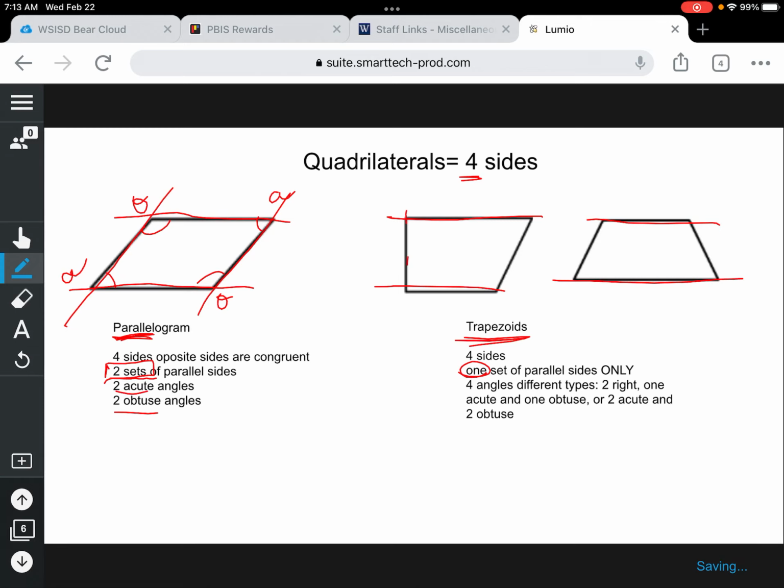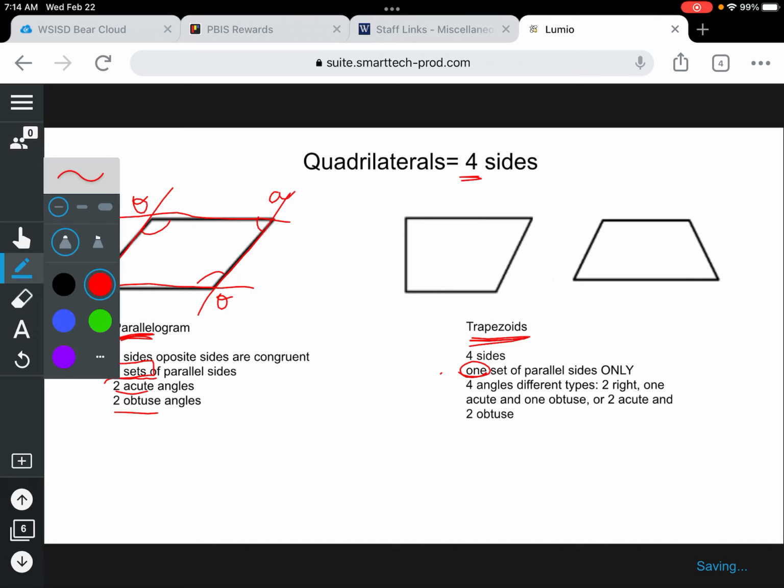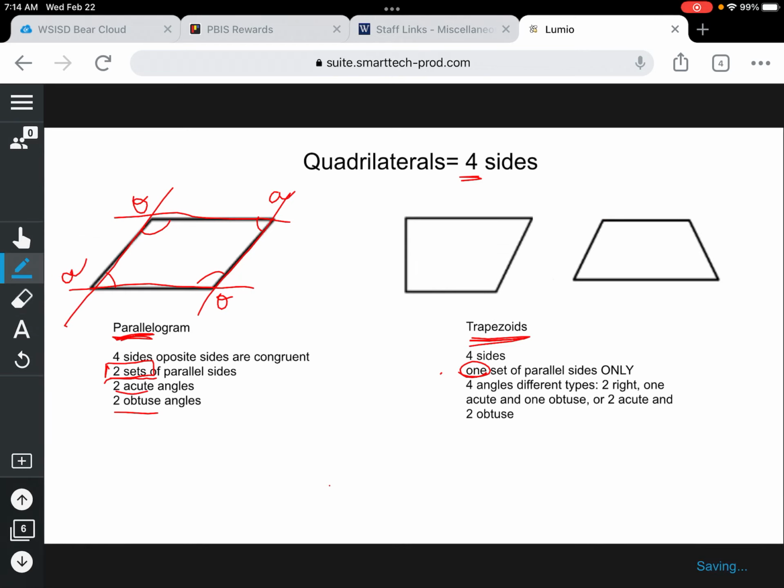The other ones are not, because if you continue them, they will meet somewhere. Okay, what about the angles? The angles are different. There might be two right, one obtuse and one acute, or two obtuse.